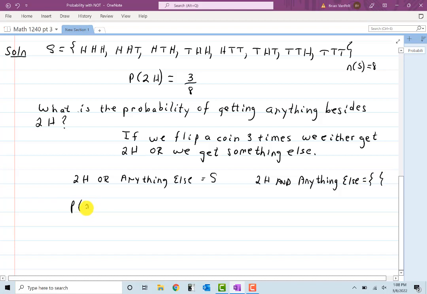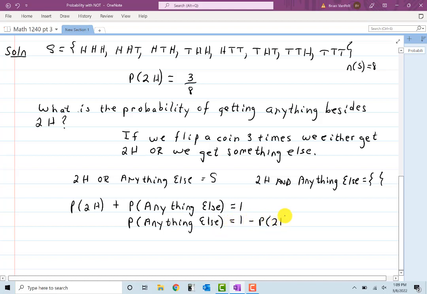So I know that the probability of 2 heads plus the probability of anything else equals 1. So I can subtract the probability of 2H and get the probability of anything else equals 1 minus the probability of 2H.